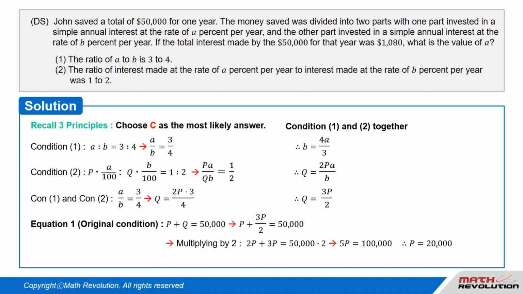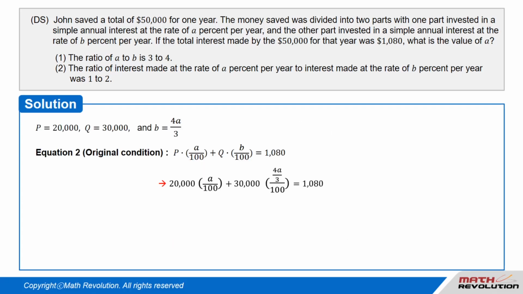Now substitute this value in P plus Q equals 50,000, then we get P plus 3 times P over 2 equals 50,000. Multiplying both sides by 2 gives us 5 times P equals 100,000, and so P equals 20,000. We know that P plus Q equals 50,000, so Q equals 30,000.